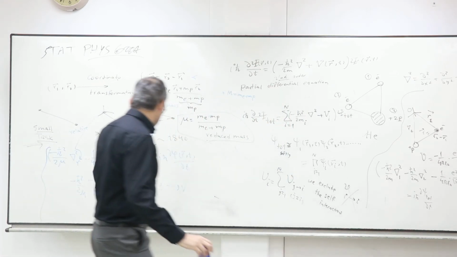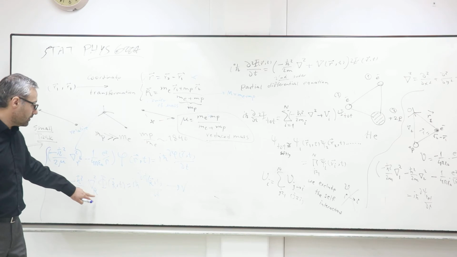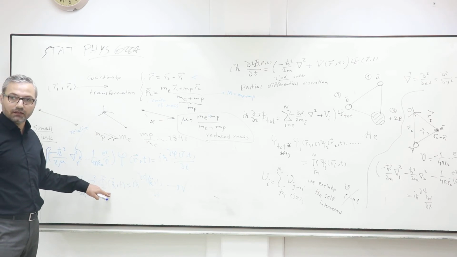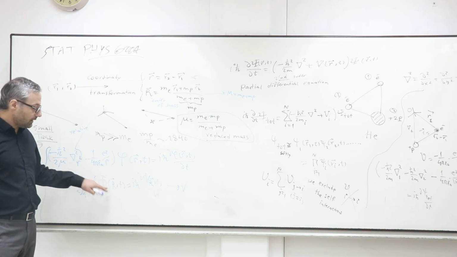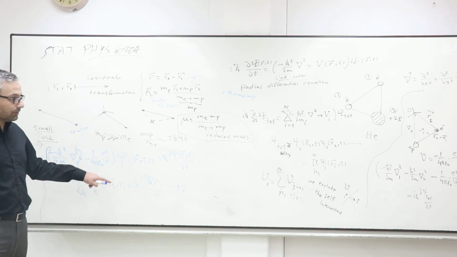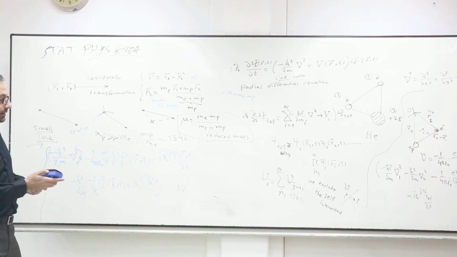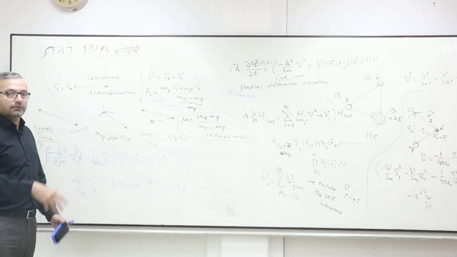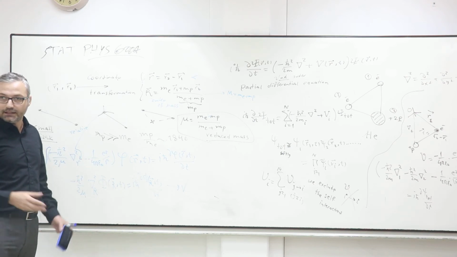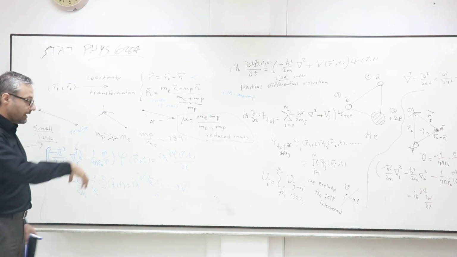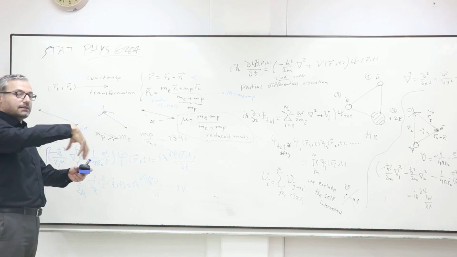The solution of this equation means the solution for the center of mass. We talked about the proton and electron. The proton is very heavy, so it means the center of mass would not change. The center of mass will be located over the proton, and the proton is fixed, it doesn't move.